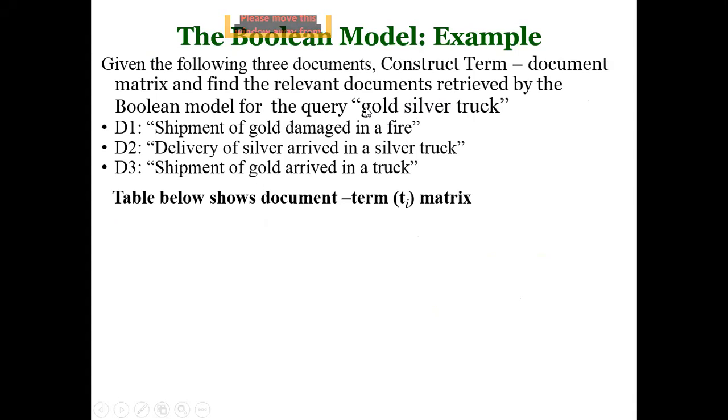Gold, silver, truck is the query, and we have 3 documents, and these 3 documents contain some content. The first document contains shipment of gold damaged in a fire. The second, delivery of silver arrived in a silver truck.